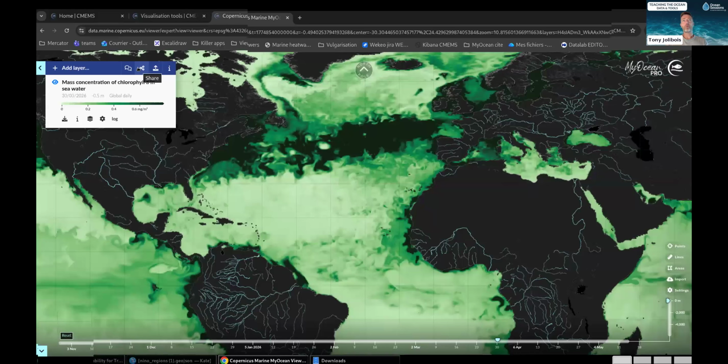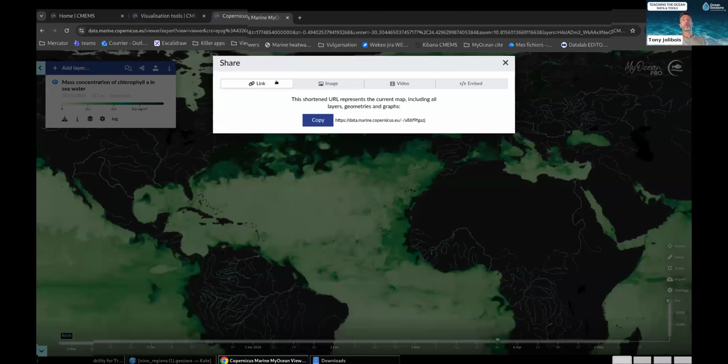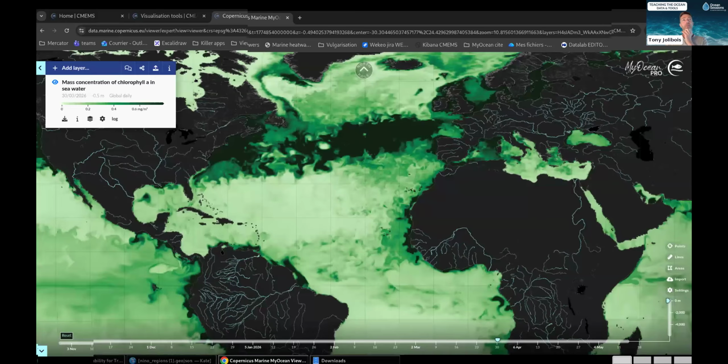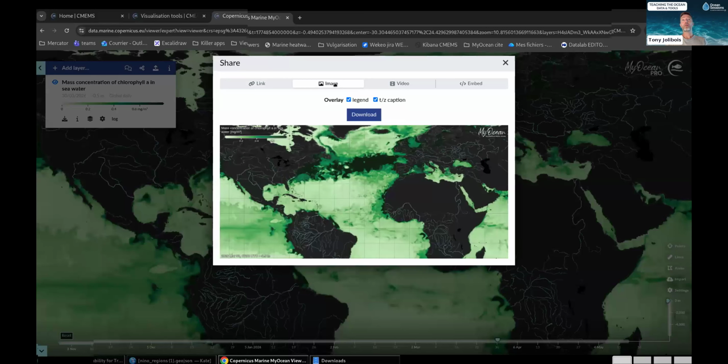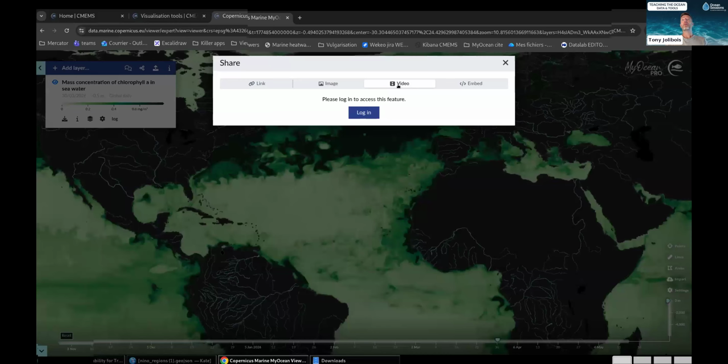To do that, there is this share button where you can copy a link to share with people. So this share button allows you to share your use of this tool. You can share a link to people, you can share and export an image, or you can generate a temporal animation.